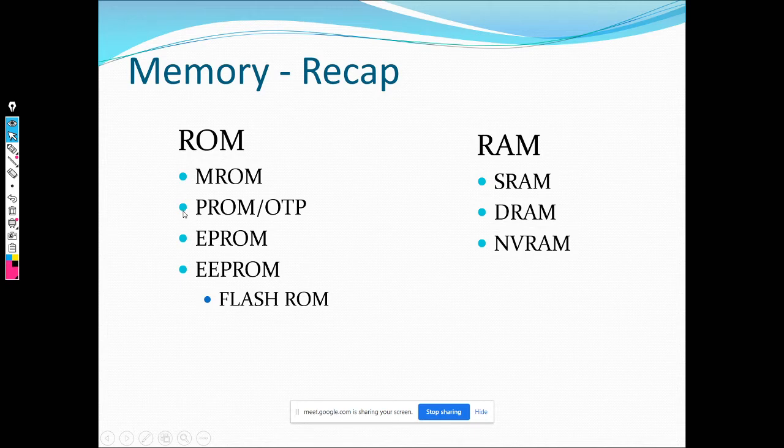You get the memory from the fab, and for every memory location, you can either blow the particular fuse or not blow it. If you blow the fuse, it will read a bit value, and if you don't blow the fuse, it will read another bit value. In that sense it is one time programmable, but in all other terms it's like your MROM. Once the fuse is blown, it's a done deal. You cannot change it ever again. That's about the PROMs, or one time programmable ROM.